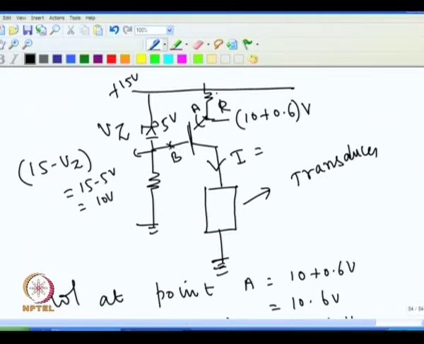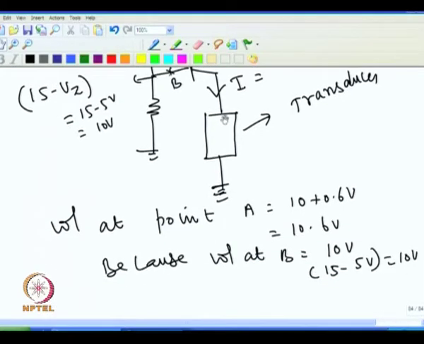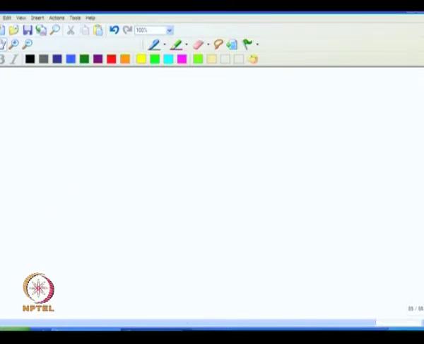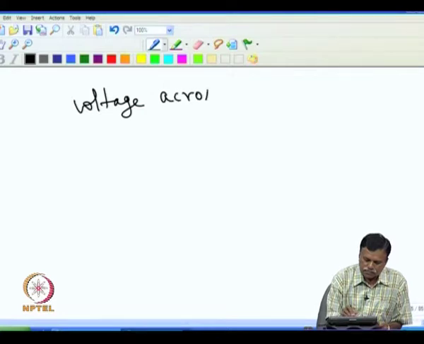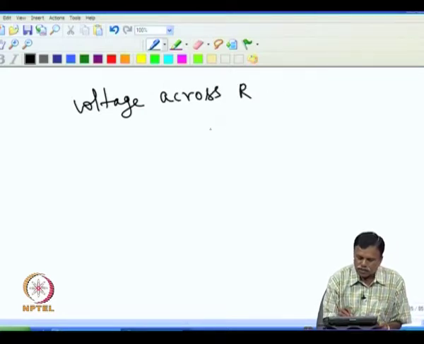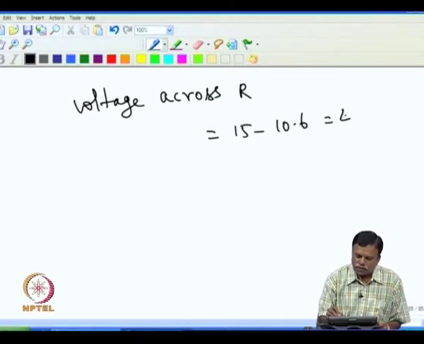So, the voltage across this resistor R, if this is sitting at 15 and this is 10.6, would be 15 minus 10.6, that will be 4.4 volt.